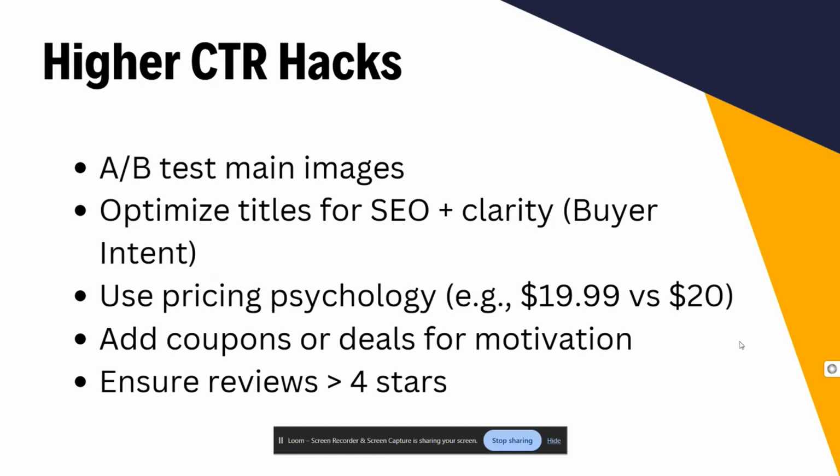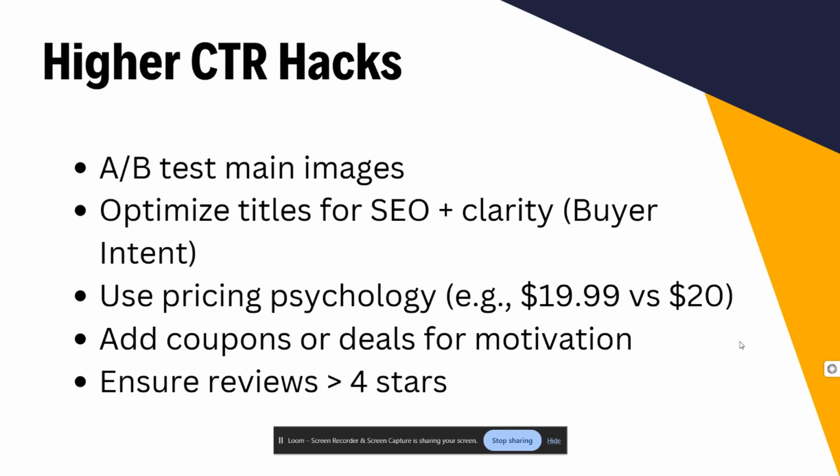Just to explain what A/B testing means: you have two main images, and you run an experiment on Amazon where you serve half of the visitors one image and half of the visitors the other image, right? Then essentially it will tell you which one is resulting in more clicks.